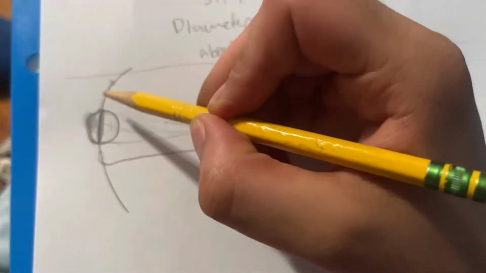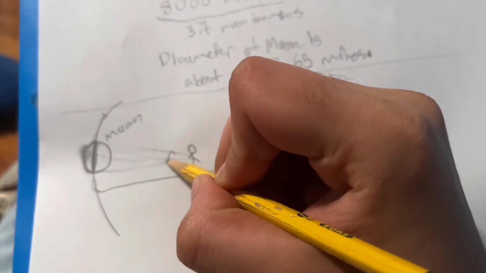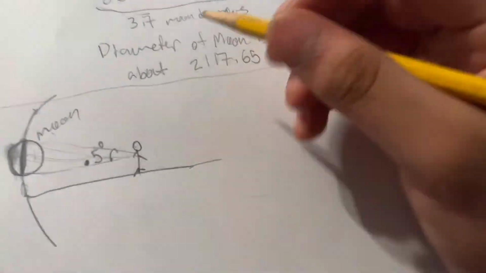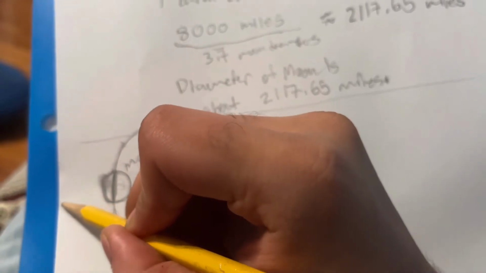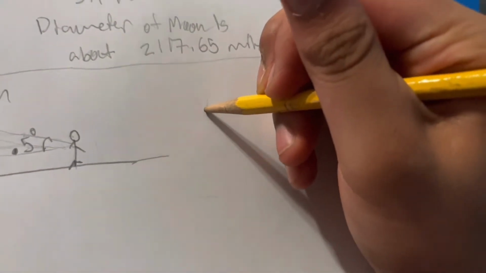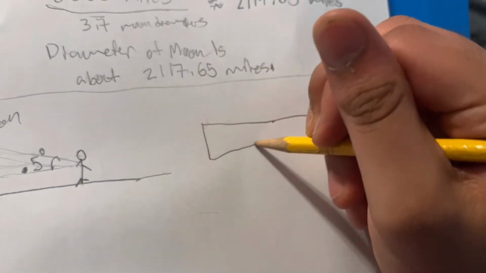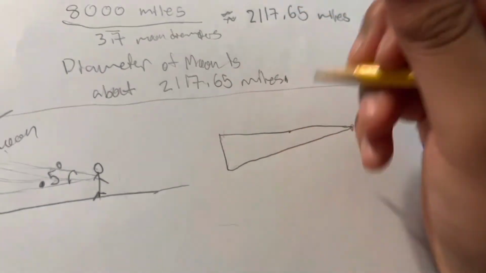Calculate the distance to the moon. So there's the moon, and here's the person, and the angular diameter of the moon is 1/2 degree, as seen from Earth. Now, we can take the diameter of the moon, which is 2,117.65 miles, and then we got ourselves an isosceles triangle with the vertex angle of 1/2 degree.